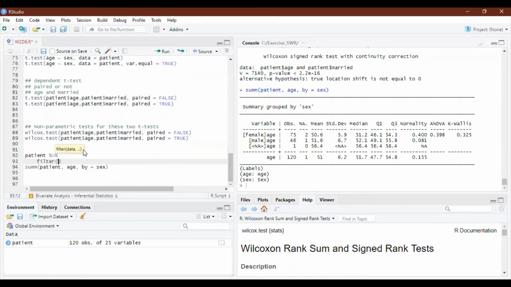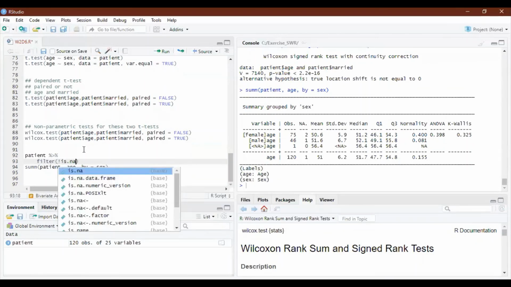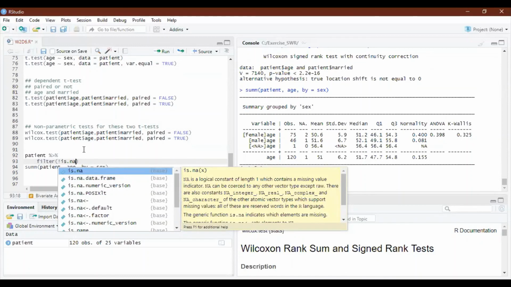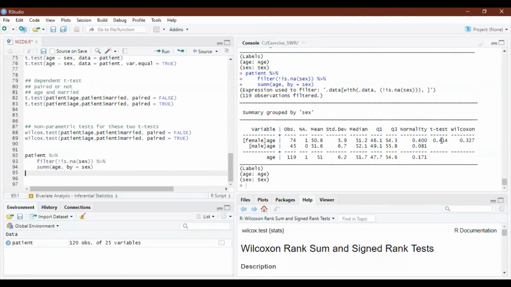We say filter, then not equal to, and check if sex is equal to missing value. We take the opposite of the missing value, and then we try to sum it. So we can write it this way and run this. It will give you the same.